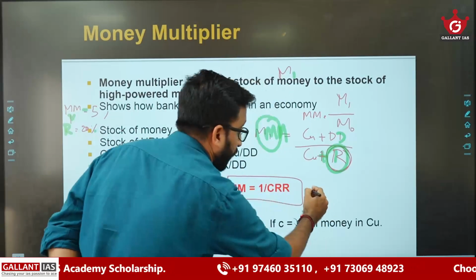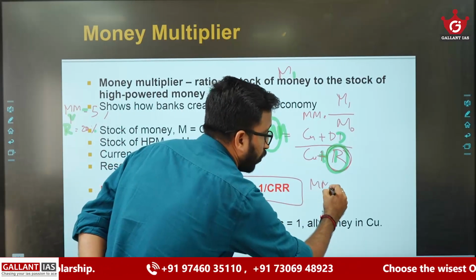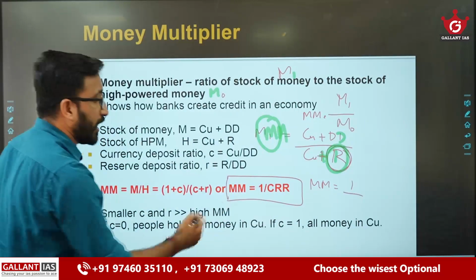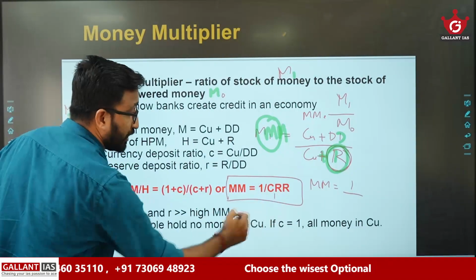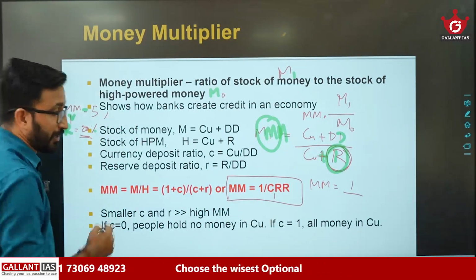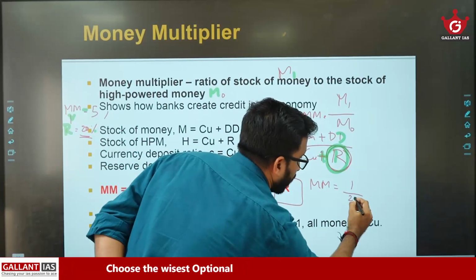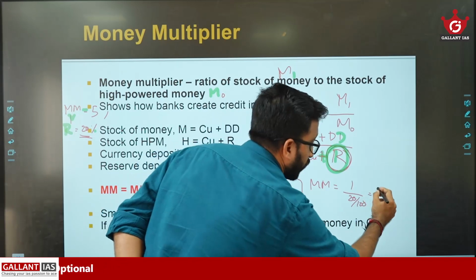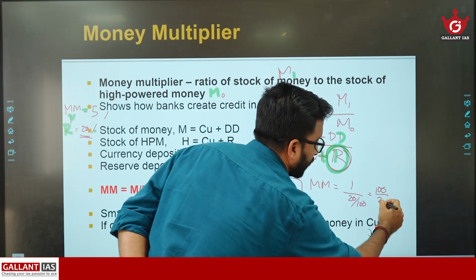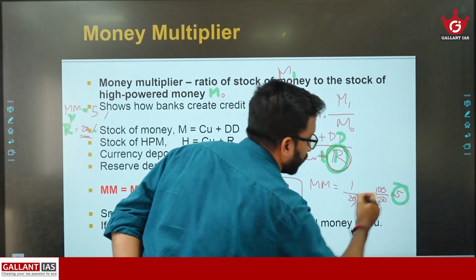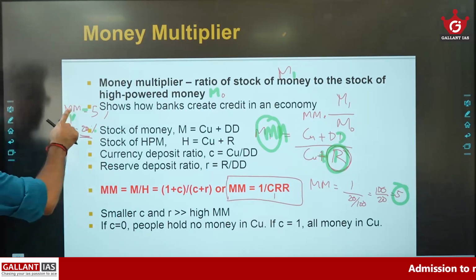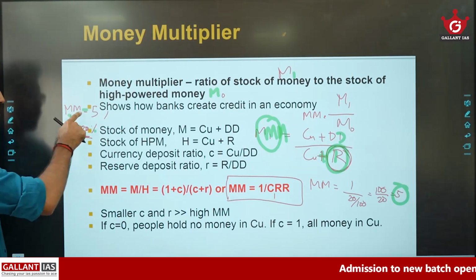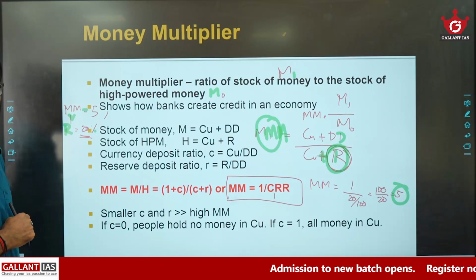Money multiplier will be 1 by CRR, or 1 by cash reserve ratio. 1 by 20%. 20% means 20 by 100. That is equal to 100 by 20, which is equal to 5. Got it? From our accounting, we got the answer money multiplier as 5.